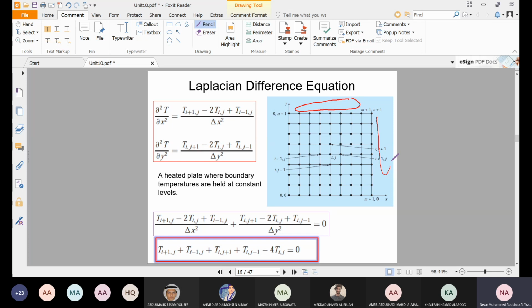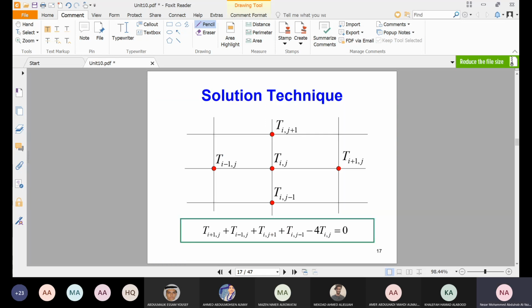This is constant temperature here. We have some temperatures given at the boundaries. So if you want to compute this one, we can use four points around it. One point, for example, forward in the x-axis or y-axis, and one point backward. And also in the columns the same, one below and one above.